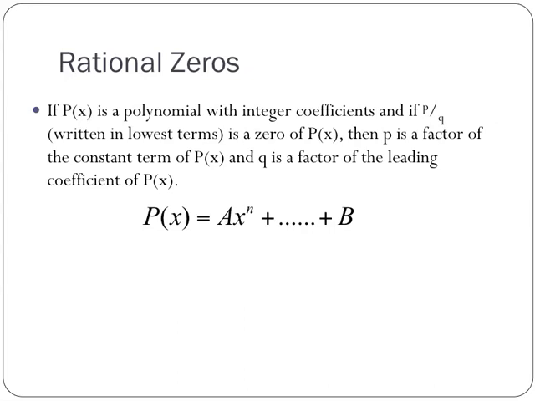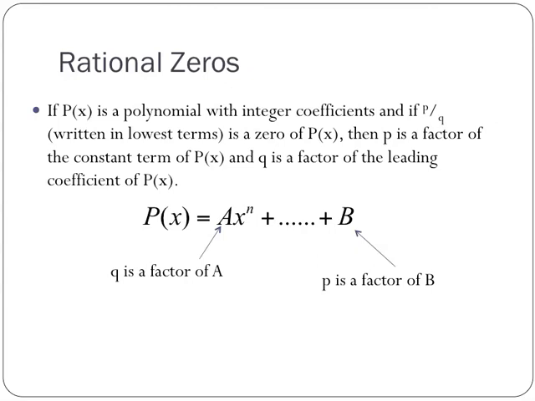And so what this is saying is all the rational zeros will be some ratio of a factor of b divided by a factor of a. And so this p over q, you need to understand what they represent. p is a factor of b, q is a factor of a. So p is a factor of the constant, q is a factor of the leading coefficient.